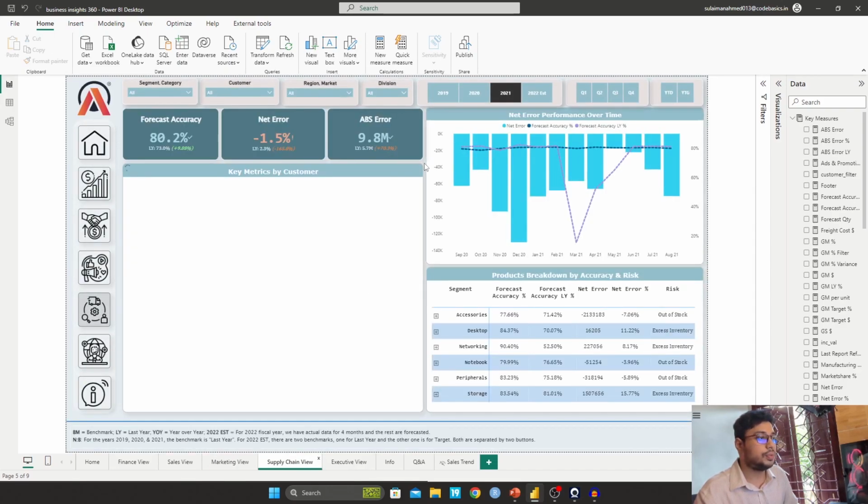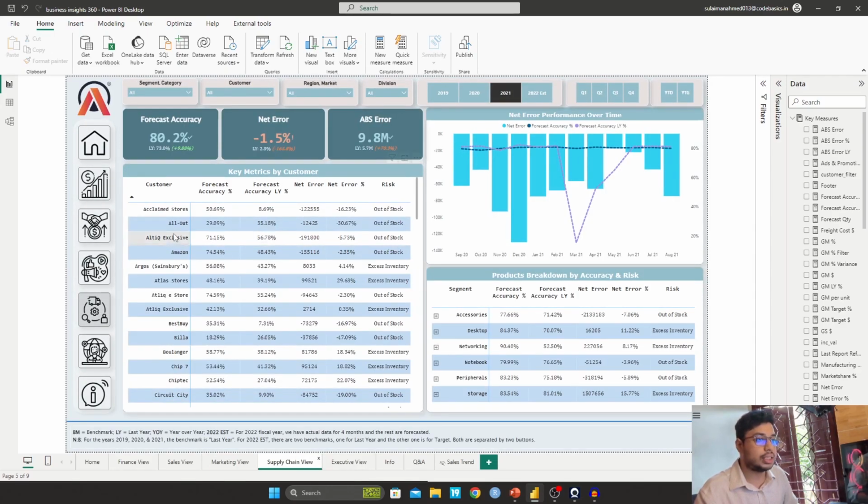And in the supply chain view, the supply chain executive can see the different error or forecast accuracy metrics of customers all over the world. And there are also three key performance indicators: forecast accuracy percentage, net error, and absolute error.